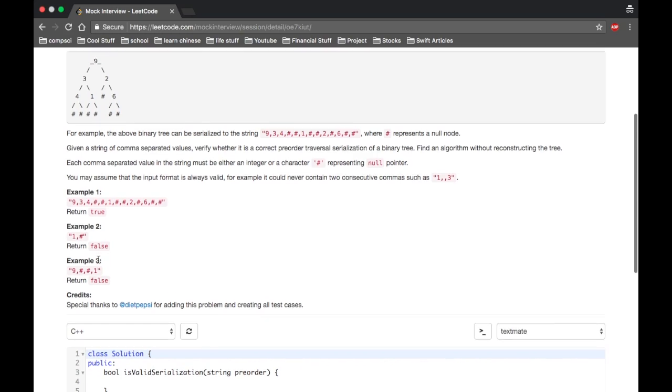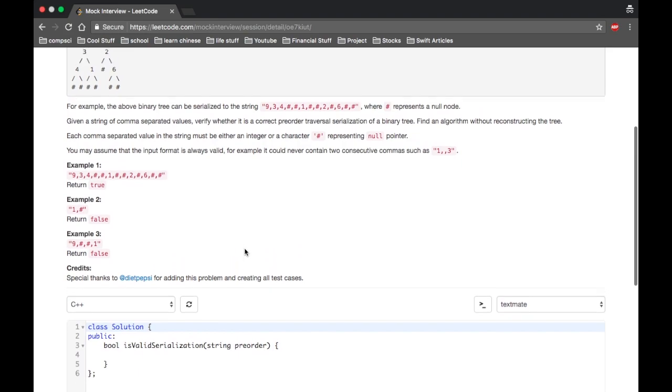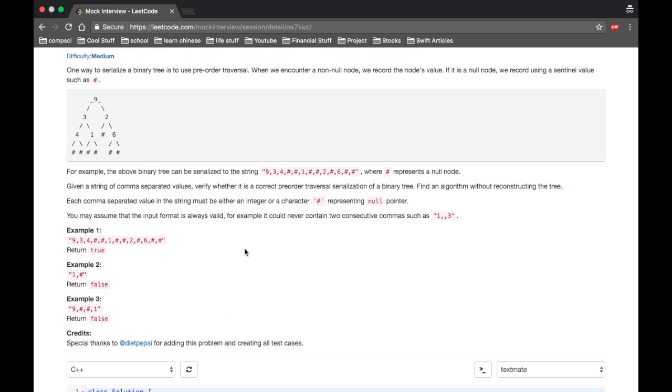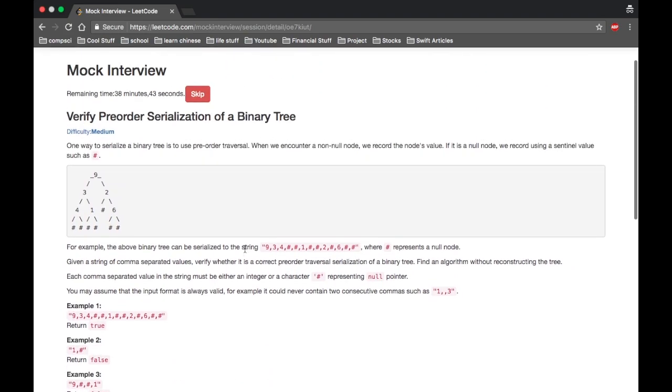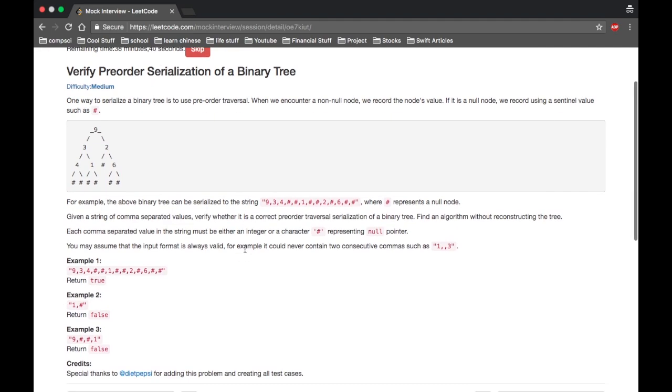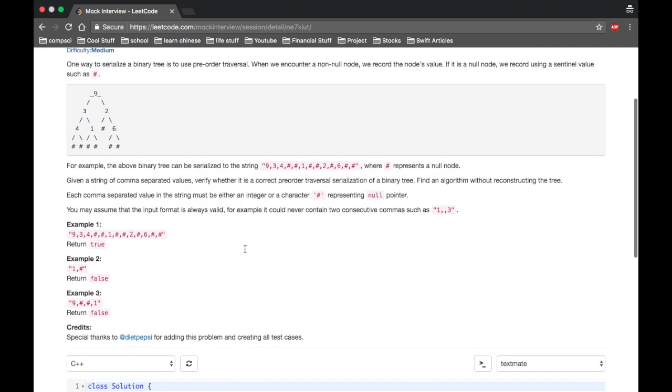Okay, so we're given a string and we're supposed to see if it's a valid preorder serialization.